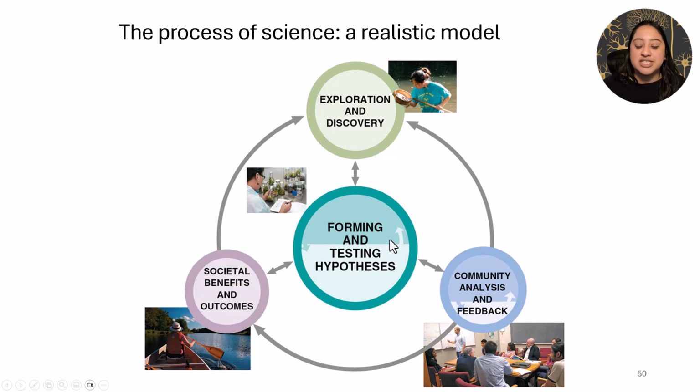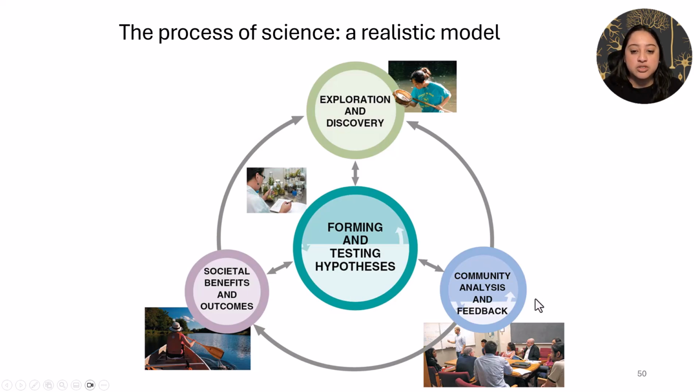Maybe your experiment didn't test something as well as you thought it did. There were variables that were outside of what you thought. And so you have to revise your experiment. Even between forming a hypothesis and testing a hypothesis in the middle circle, there are two divisions. It's a whole process, and you're constantly going to get feedback from your community, like other scientists.